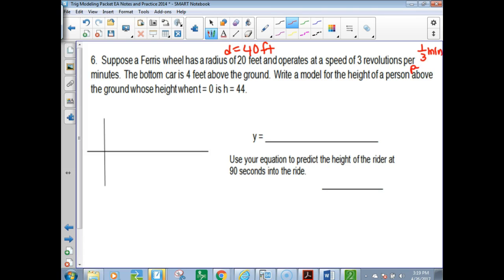Now we're going to figure some stuff out. We can take 2 pi divided by the frequency, which is 1/3. 2 pi divided by 1/3 would be 2 pi times 3, so we get 6 pi. That's our B value.